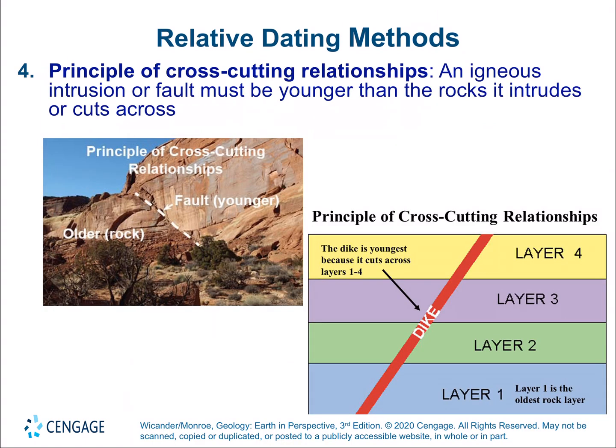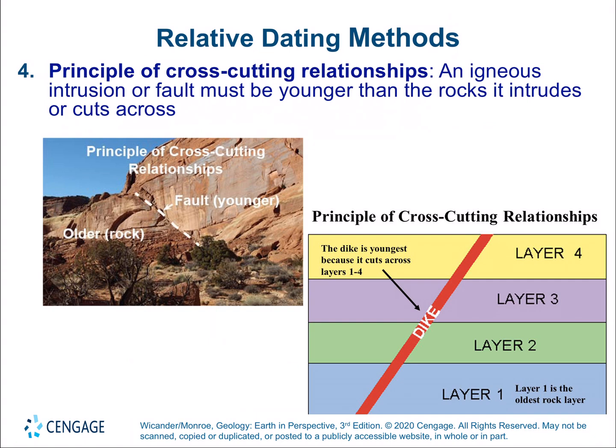We also have the principle of cross-cutting relationships, and it tells us that an igneous intrusion or fault must be younger than the rock it intrudes or cuts across. Your igneous intrusions are what we learned about: our dikes, our sills, our batholiths, our stocks, and so on.